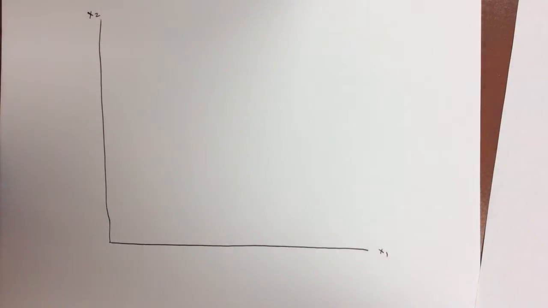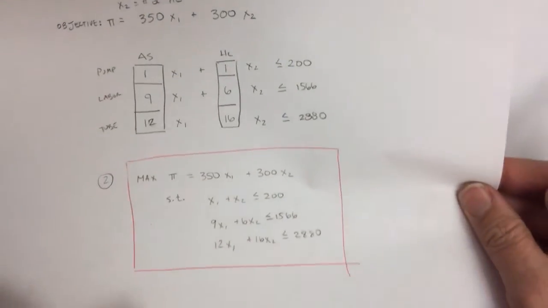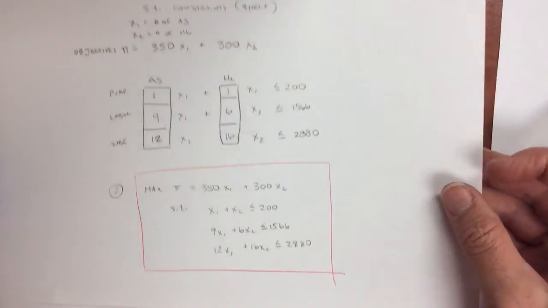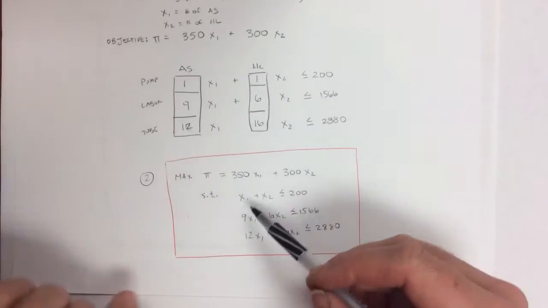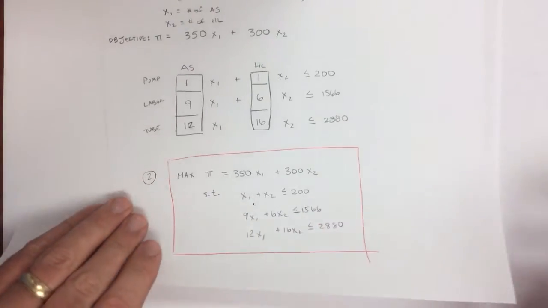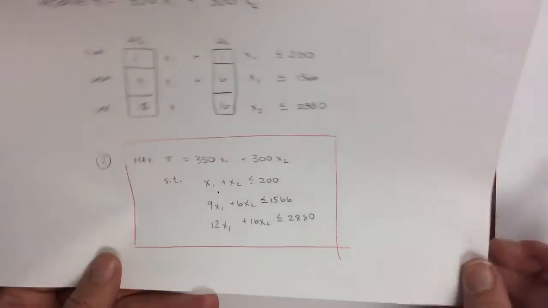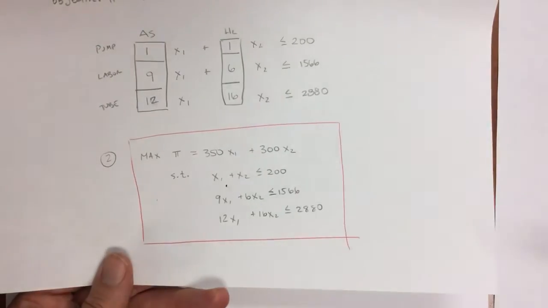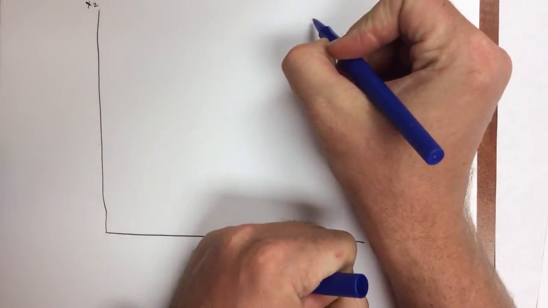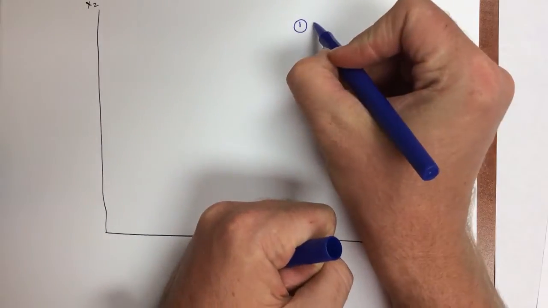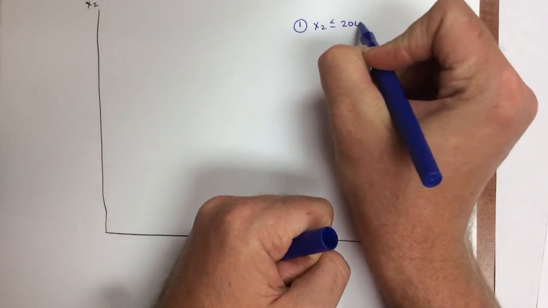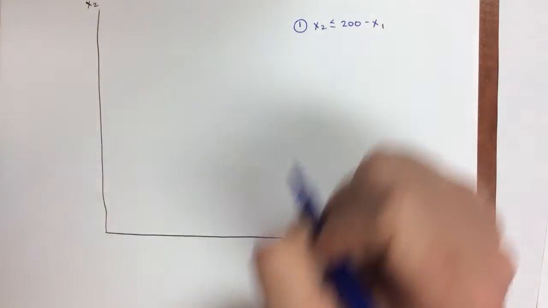Now what I need to do is to look at these constraints and write them in the form of y equals mx plus b. I see the first constraint. I can set x2 as y, so I just need to subtract x1 from each side. So I'm going to rewrite these, solving for x2. The first constraint, which is blue, is x2 is less than or equal to 200 minus x1.